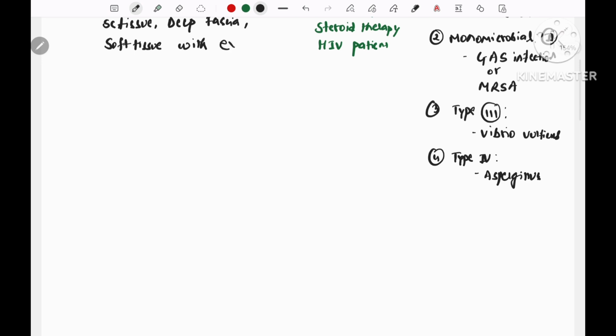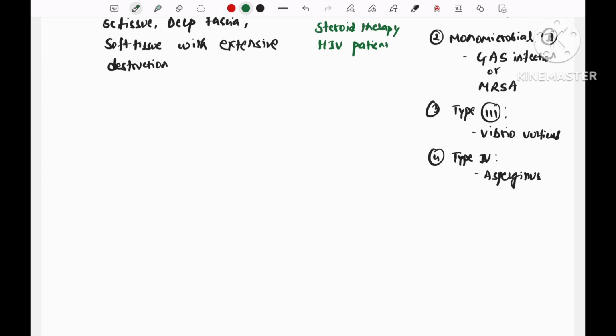The place where necrotizing fasciitis is common is usually the lower limbs.